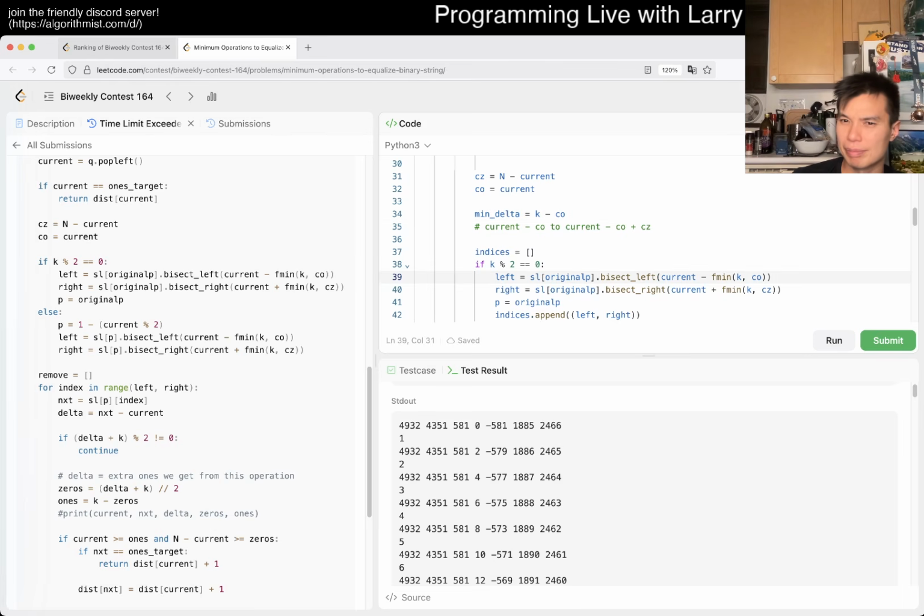Is that right? And maybe this should be, I don't know if the sign is right.